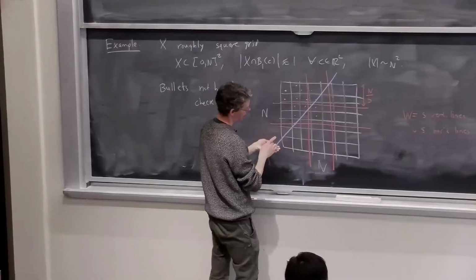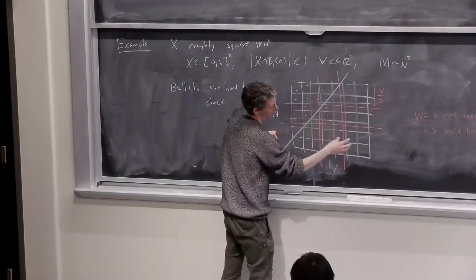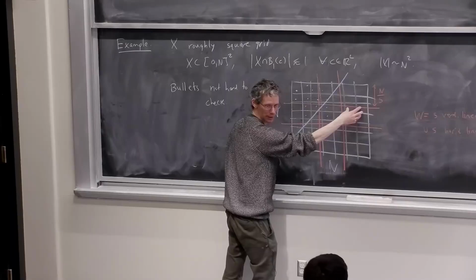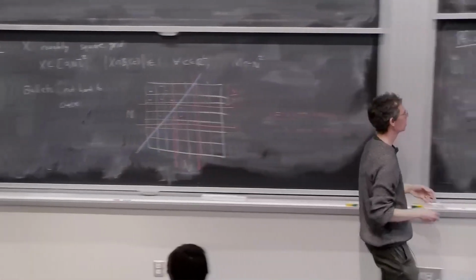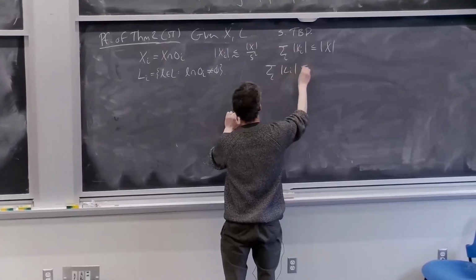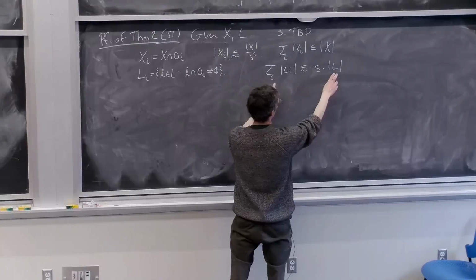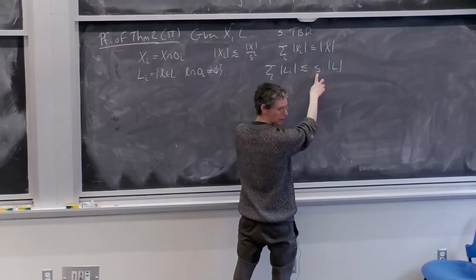So this blue line belongs to L_i for this i and this i and this i, but not for this i or this i or that i. If you add up over i the size of L_i, that is bounded by s times the size of L, because each line in L belongs to at most s cells.